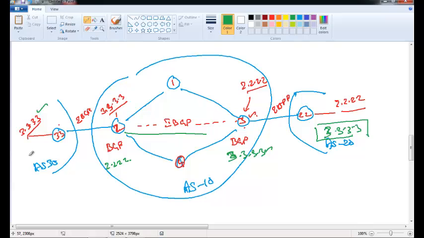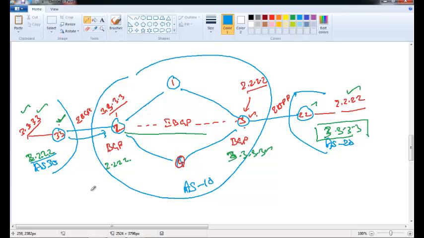Likewise, router 33 is learning about 2.2.2.2. From where? From router 2. Alright. So this is advertised to 33 and this is advertised to 22. Now both routers on the left and right know how to reach their destination. So if 33 wants to go to 2.2.2.2, all it needs to do is send the traffic to whom?